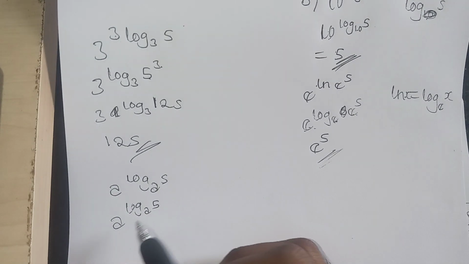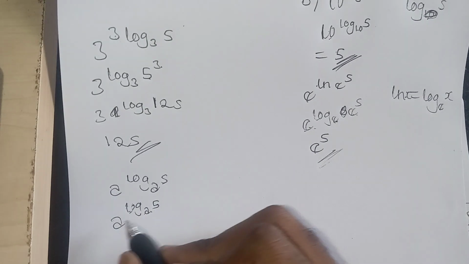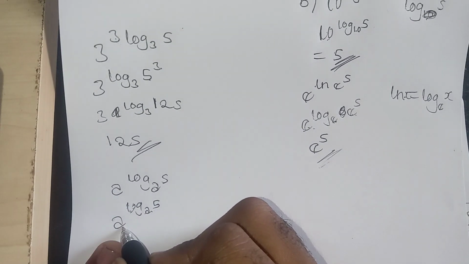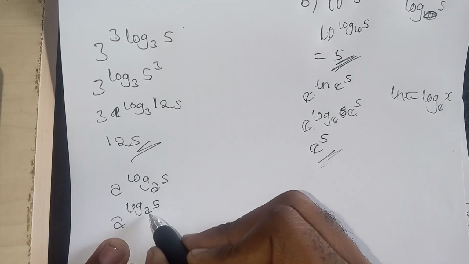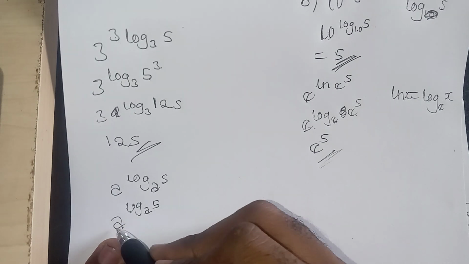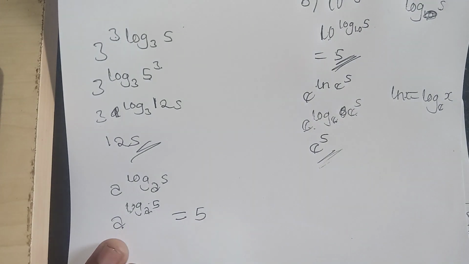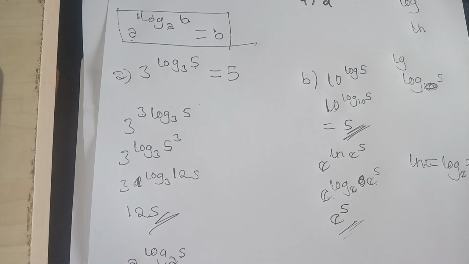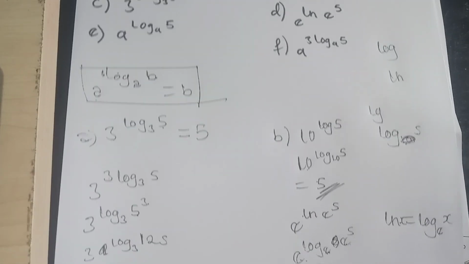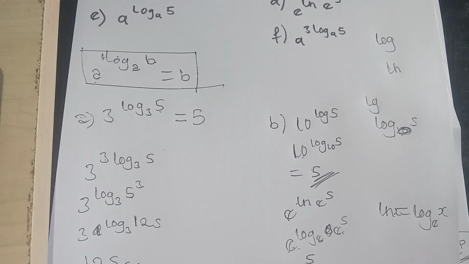This a is a base, and this log a of 5 is a power of this, or the exponent of this. So now when you look at these bases, you can see that the two are the same. So your answer for this question is simply 5. You can even verify this using your calculator. I'm not going to do that because we are not allowed to use calculators here.